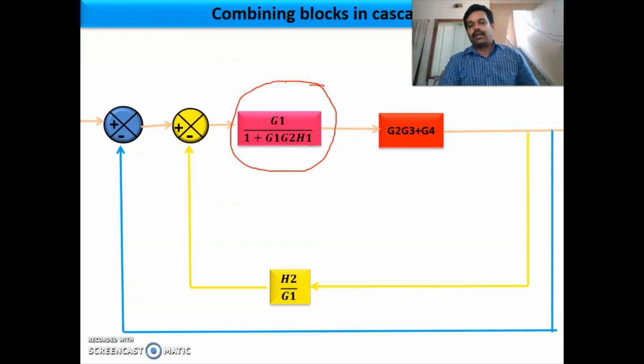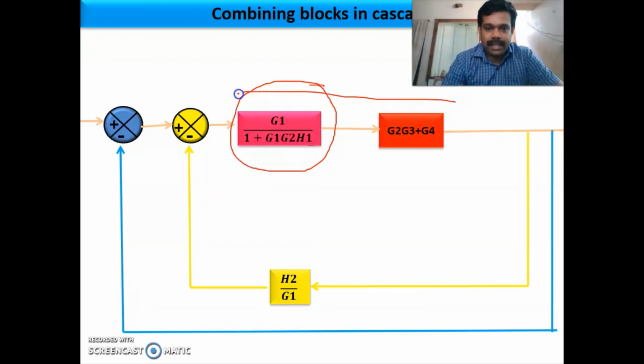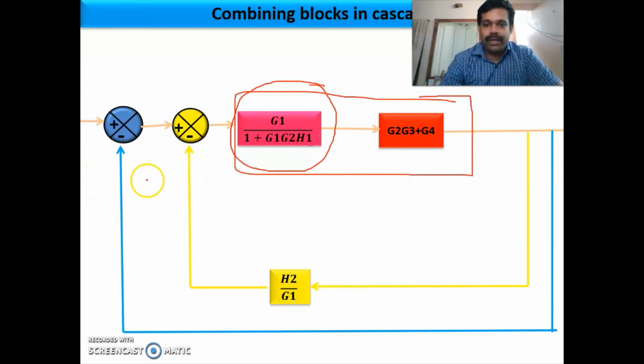Okay. So next one, these two blocks are in cascade. So we can replace these two blocks by one single block. So the transfer function or gain of that combined block is nothing but you have to take the product of the individual ones.